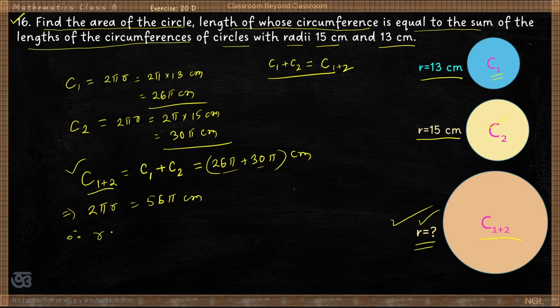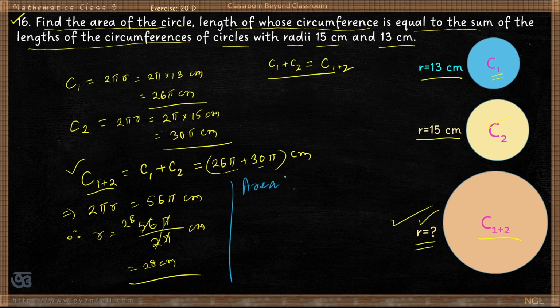Therefore, r is equal to 56π divided by 2π. So π cancels, 2 28s are 56. Therefore, the radius of the bigger circle is 28 centimeter. Now we have to find out the area of this circle.